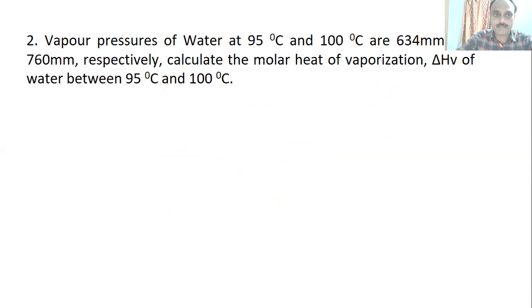Next, we'll go for the other problem: vapor pressure of water at 95 degrees Celsius and 100 degrees Celsius are 634 mm and 760 mm respectively. Calculate molar heat of vaporization, that is delta HV, of water between 95 degrees Celsius and 100 degrees Celsius.